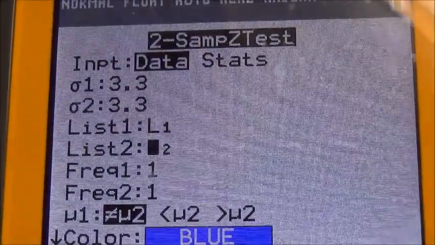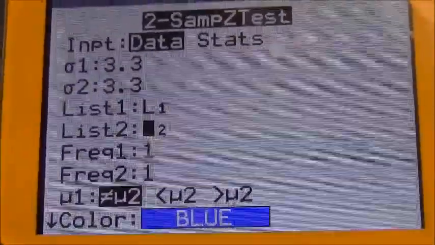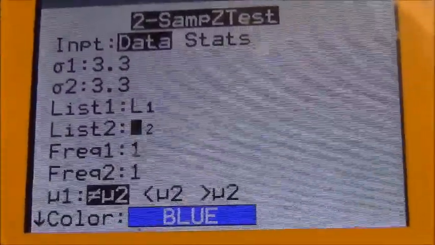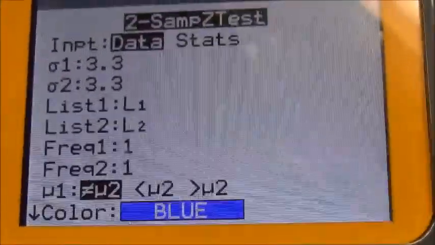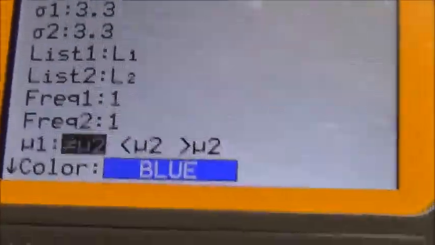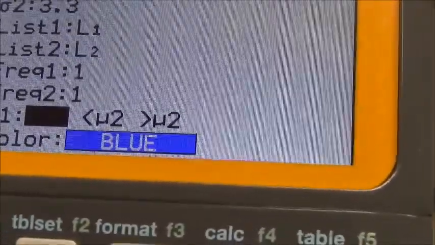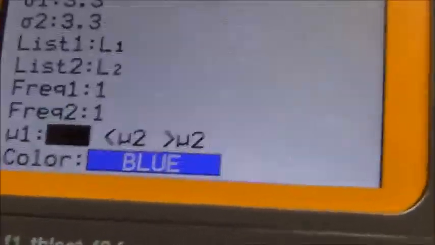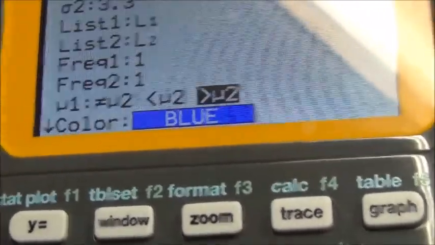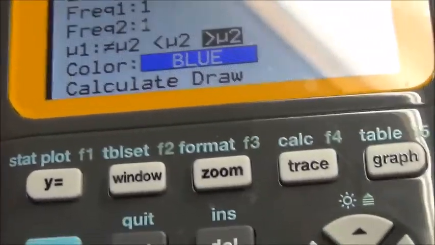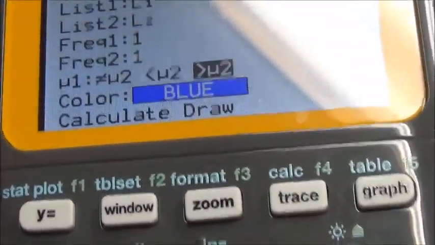Those should be in there, but if they're not, second function 1 does list 1, second function 2 does list 2. Frequencies, both 1. And then we want to do our alternate hypothesis. In this case, we are saying that the males is greater than the females. So we are going to do mu1 is greater than mu2. Enter on that. Cursor down. And then once you're on the word calculate, you're going to enter to calculate.